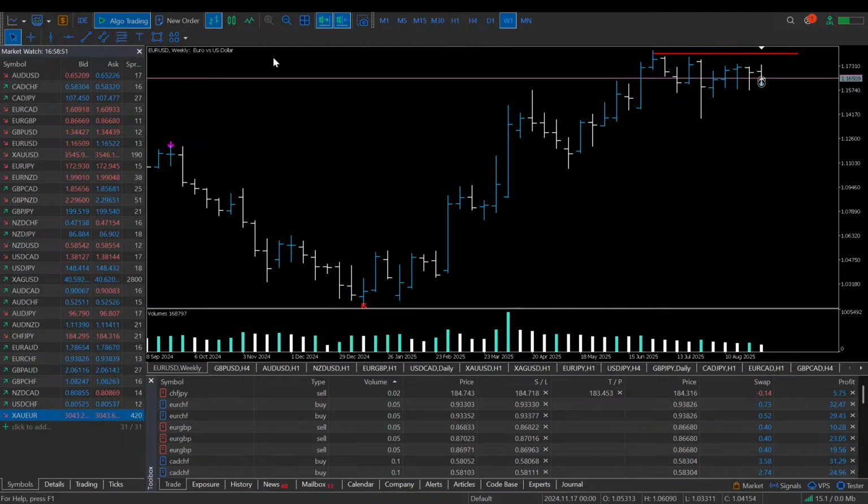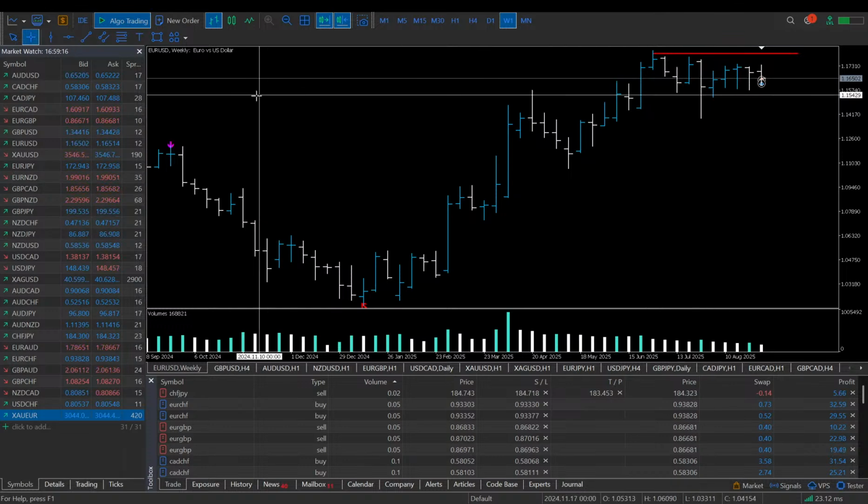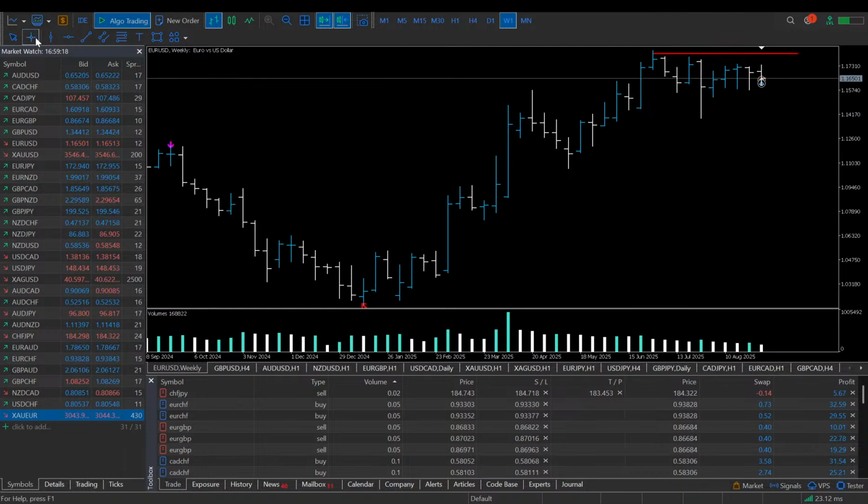The support level would also be the bottom area where the price is ranging, and you see this area here, yeah. But of course I'm going to use my line to describe that, and that will help us see where I am talking about.